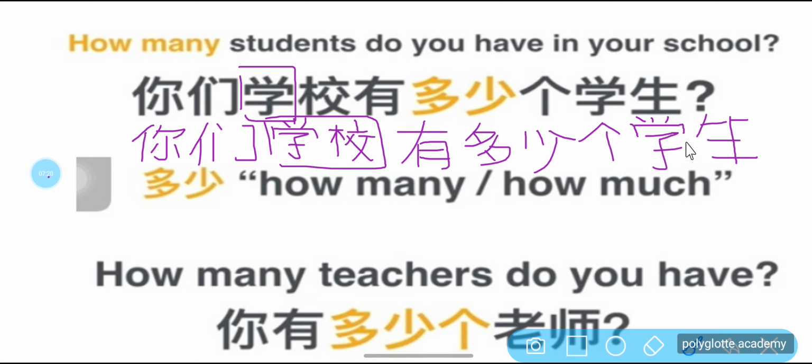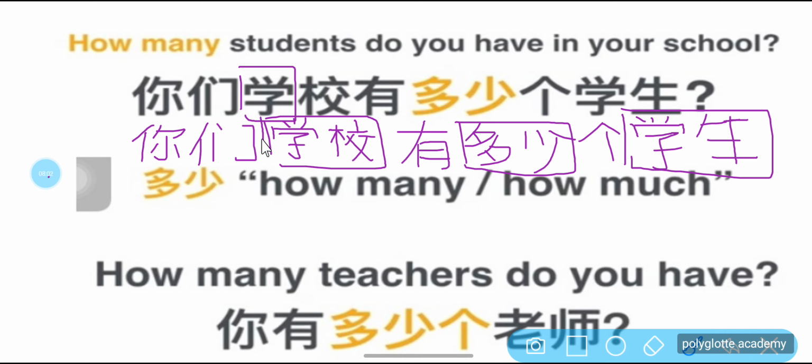So 你们学校有多少个学生？So how many students? So this one is how many? 多少. How many students? 学生, student. So how many students do you have in your school?